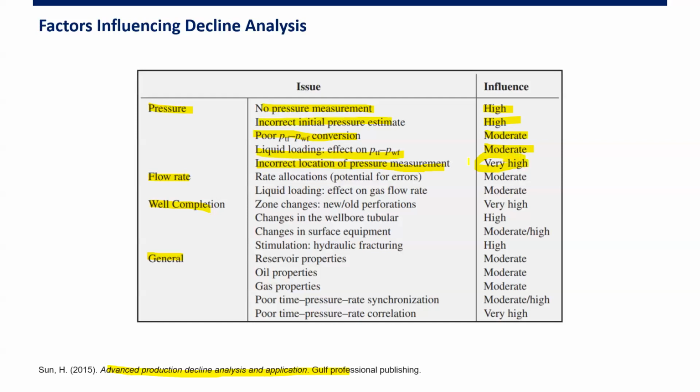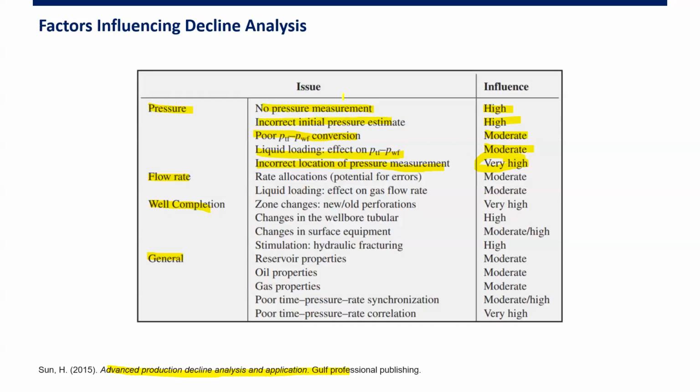Because the pressure measurement is very influenced by hydrostatic pressure, and hydrostatic pressure is very related to the position of your pressure measurement, whether it is right at the sand face depth or somewhere inside your tubing. Okay, you need to make sure that you have the correct location so that you can extrapolate the pressure from the depth of measurement down to the sand face depth.